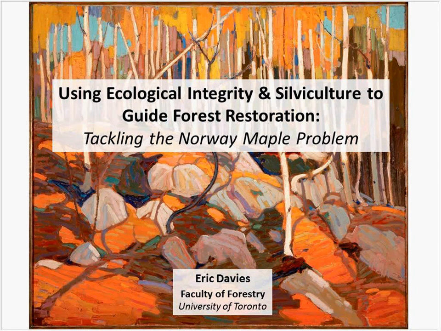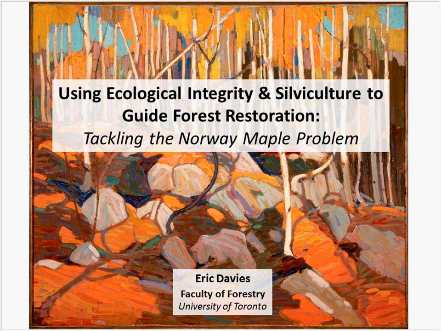This talk is going to outline how simple forestry methods like silviculture can be used to guide both the removal of invasive plants and the restoration of natives, which when done together increase the ecological integrity of our forest ecosystems. Using Norway maple as an example, this talk will describe how this toxic and lifeless tree is taking over the 18,000-hectare Toronto ravine system and driving its native tree species to local extinction.